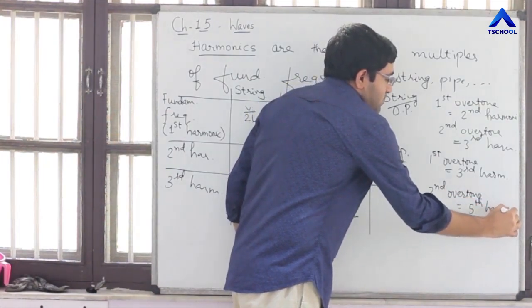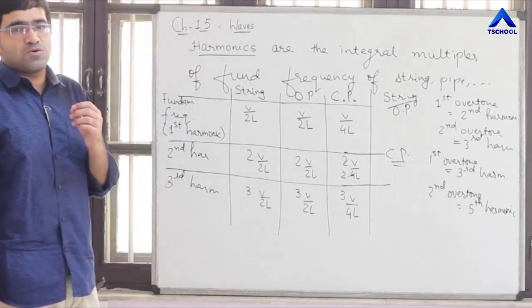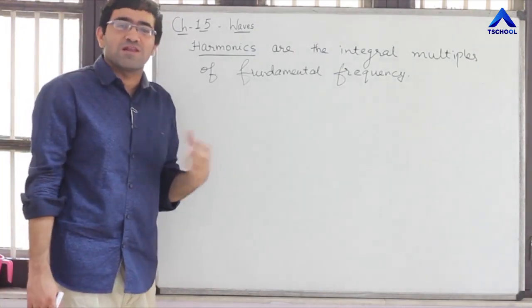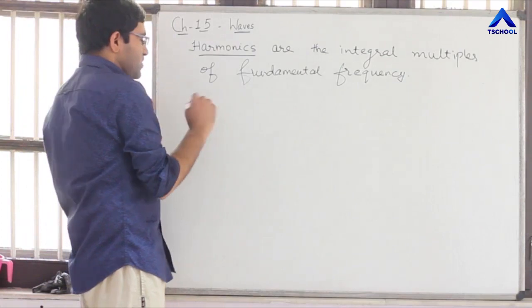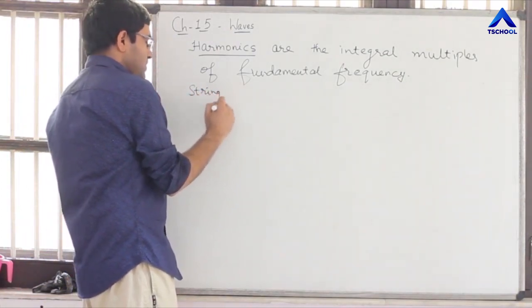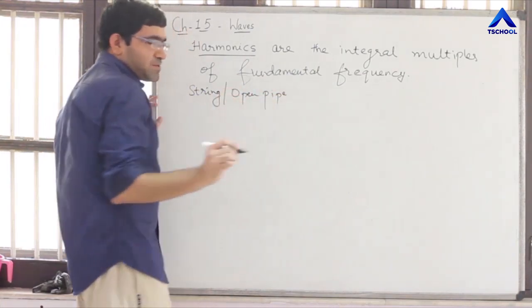Now what we have over here leads to two important sentences. That's what I'm going to write. We are going to talk about the relations of harmonics and overtones. So first of all, for strings or open pipes, the relation is very simple.